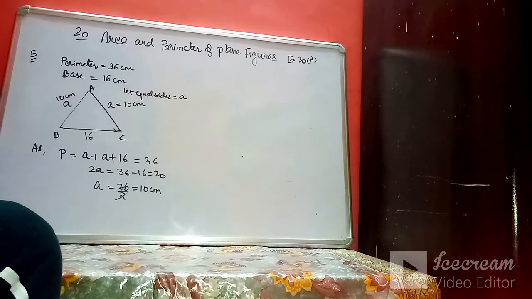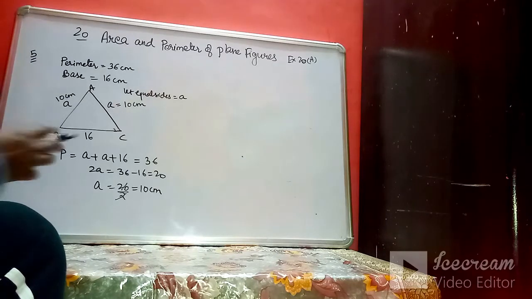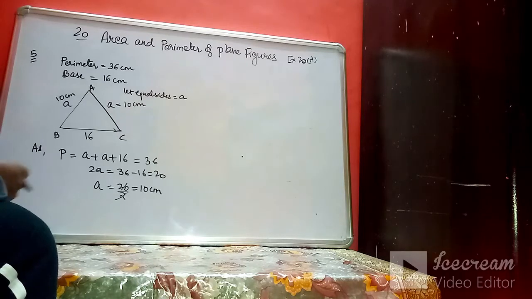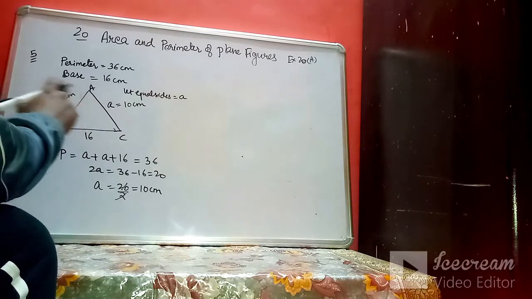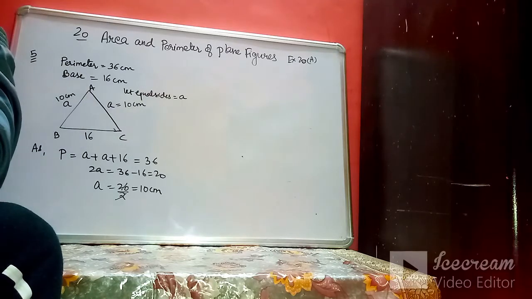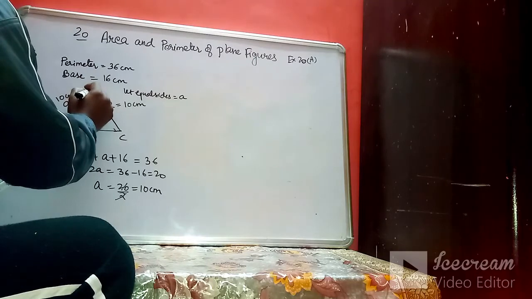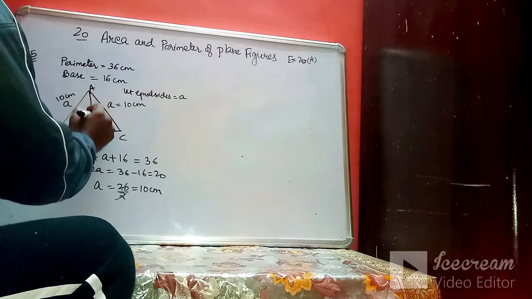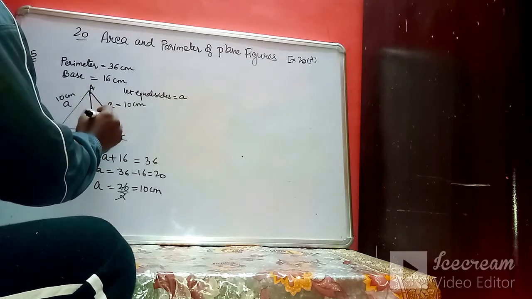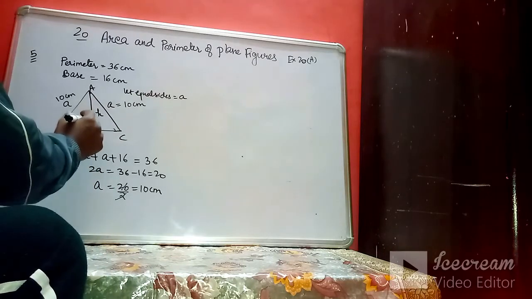Now we have to calculate the area of this isosceles triangle. In order to calculate the area, either you can use Heron's formula, because we have the sides 10, 10 and 16, or we can draw a perpendicular of height H on BC.